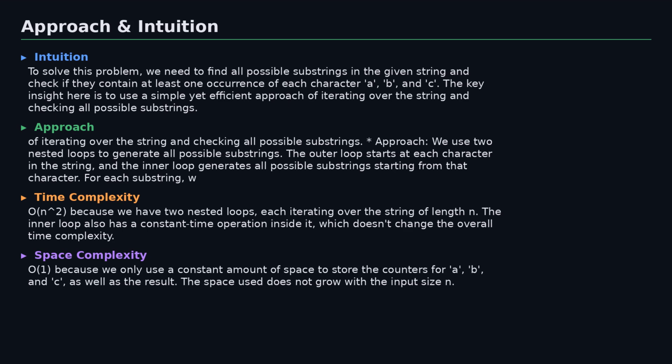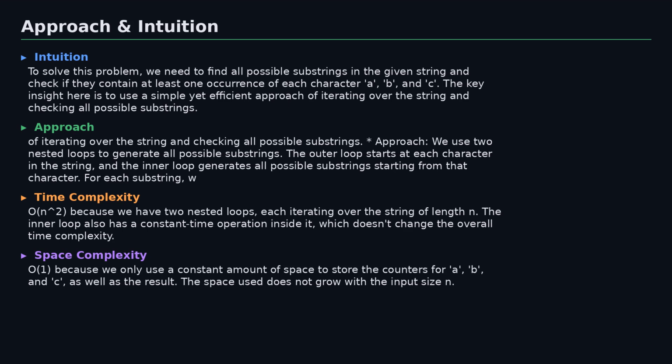The key insight here is to use a simple yet efficient approach of iterating over the string and checking all possible substrings. It's like looking for a needle in a haystack, but instead of a needle, we're looking for a specific combination of characters. Now that we have a solid understanding of the problem and the intuition behind it, let's walk through the solution. We're going to use two nested loops to generate all possible substrings.